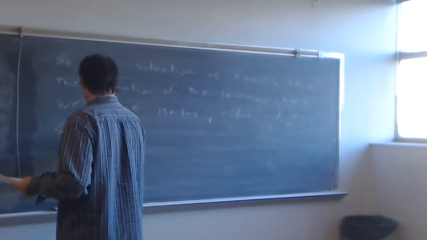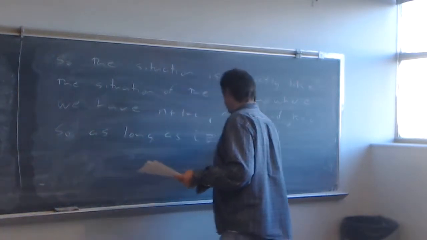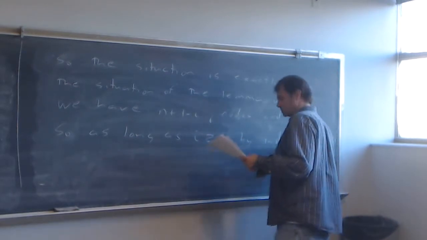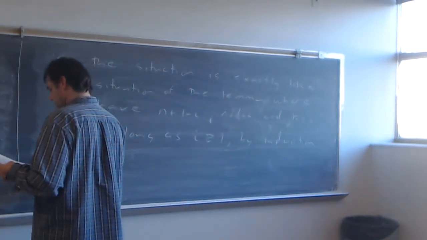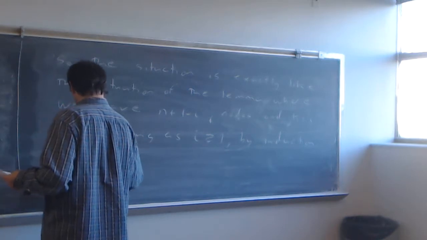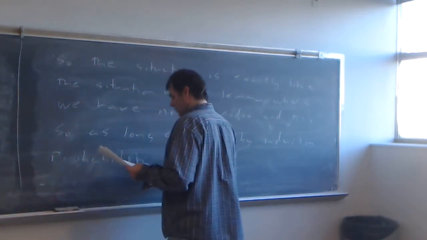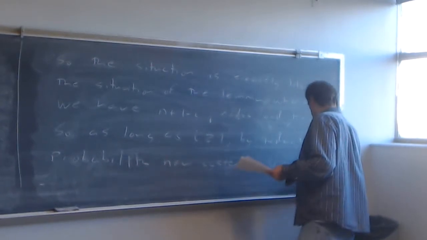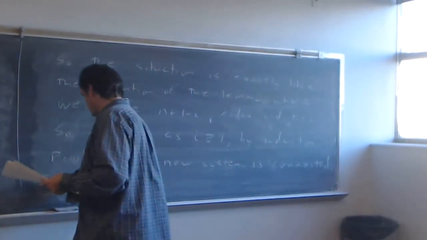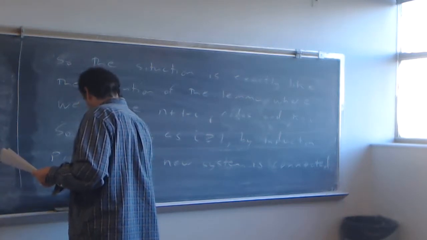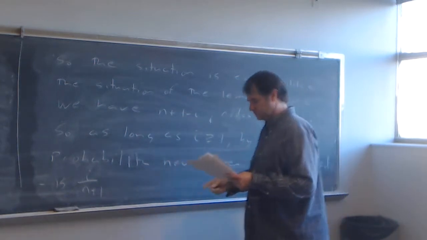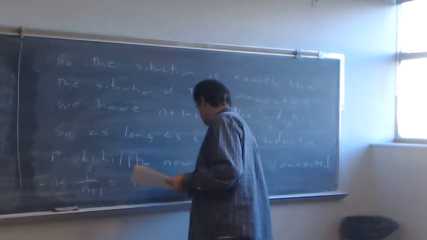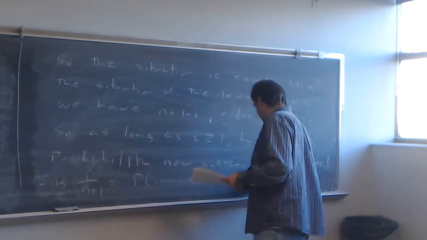So as long as I is greater than or equal to 1, by induction, okay, the probability that the new system is connected is I over n plus 1. And that's equal to the probability connected given I of the y sub j equal to 0.